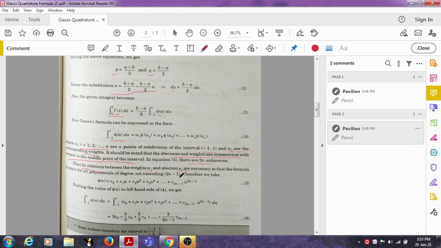So, if there are 2n relations between the weights wi and the abscissa ui, the formula will be exact for all polynomials of degree not exceeding 2n - 1. Therefore, we take phi(u) as a polynomial of degree at most 2n - 1, where C0, C1, C2, C3, ..., C(2n-1) are all arbitrary constants. Now, put these values in the left hand side of equation 4.